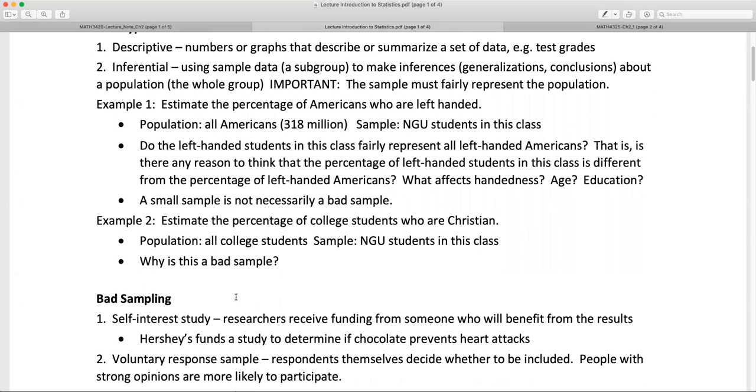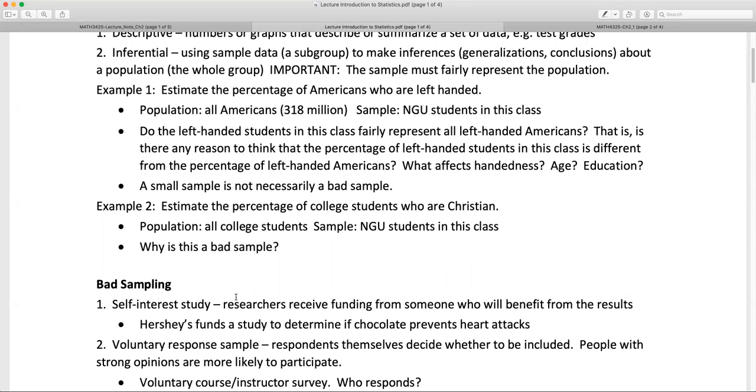Example two: estimate the percentage of college students who are Christian. The population is going to be all college students. The sample is going to be NGU students in this class. Even if we collect the data not just from our class but from our whole school, that sample doesn't represent the population fairly, because our school is a Christian school, so I believe most of the students are Christian.